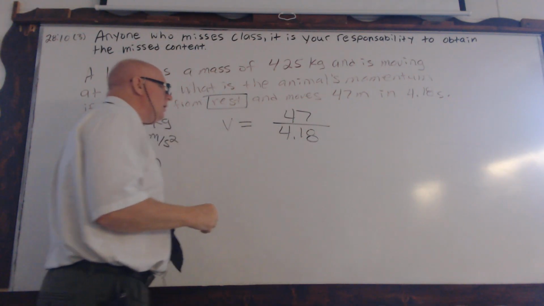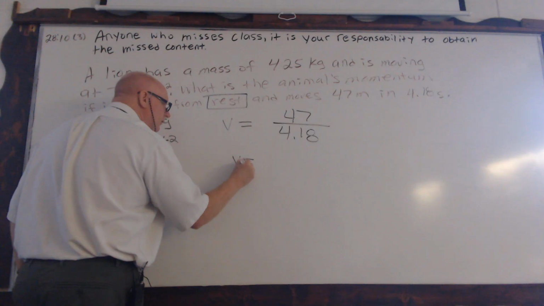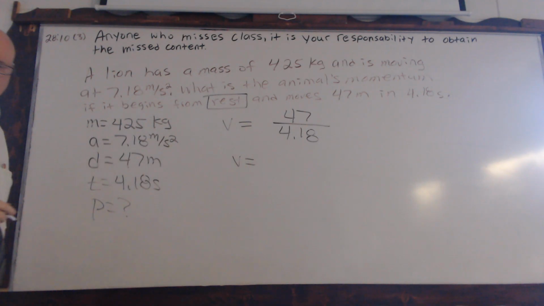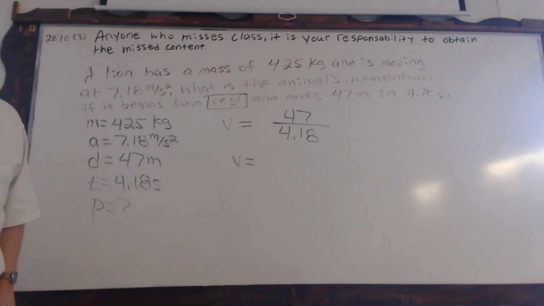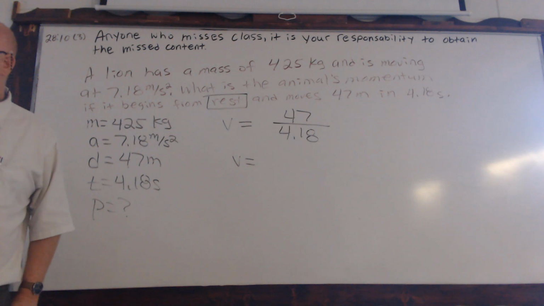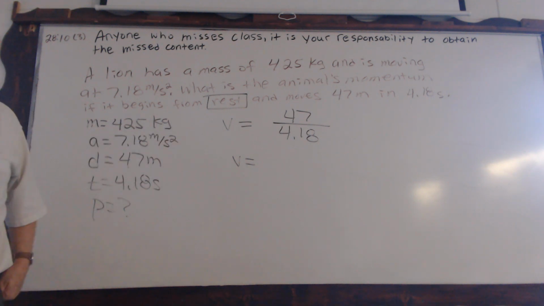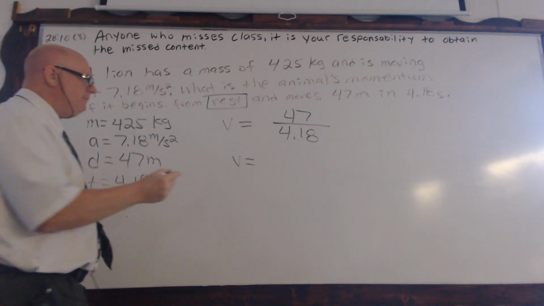So how do we solve for that velocity? You divide them. What do we get when we divide that out? 11.24.